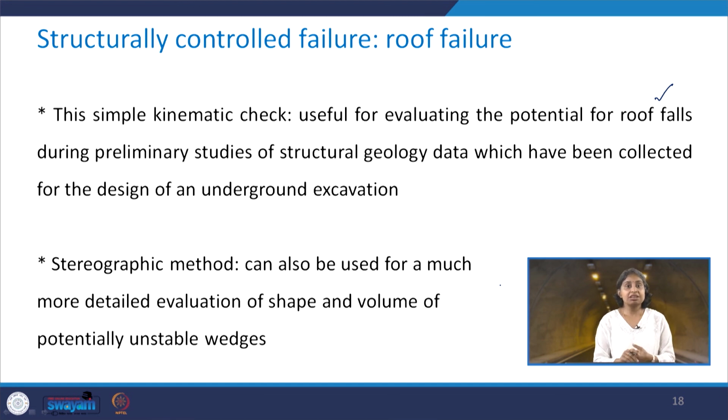Now, this stereographic method can also be used for a much more detailed evaluation of the shape and volume of the potential unstable wedges.